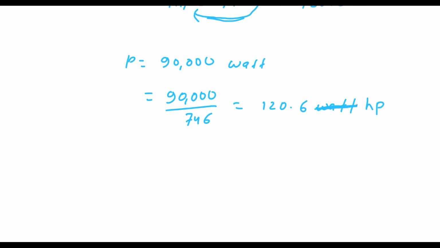We can also divide 90,000 with 750, and when we divide with 750, it comes to 120 horsepower. This is also an answer. We can write any one, both are right.